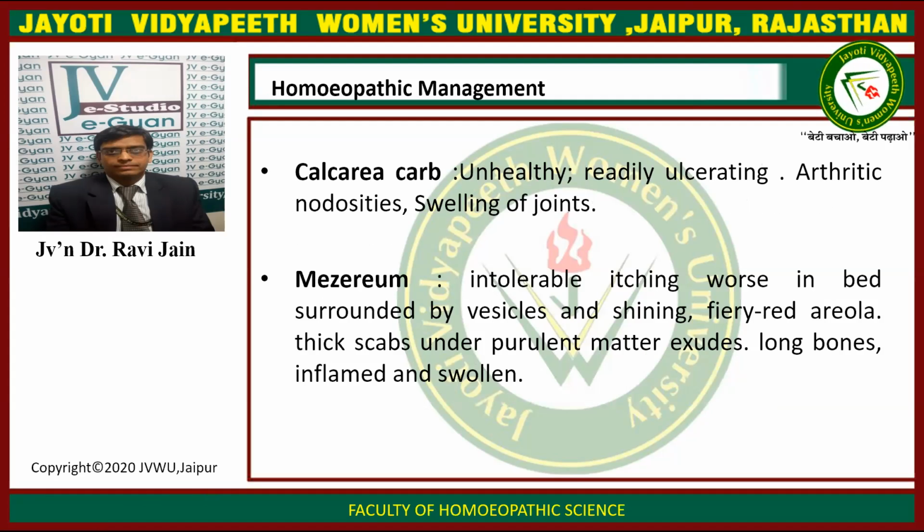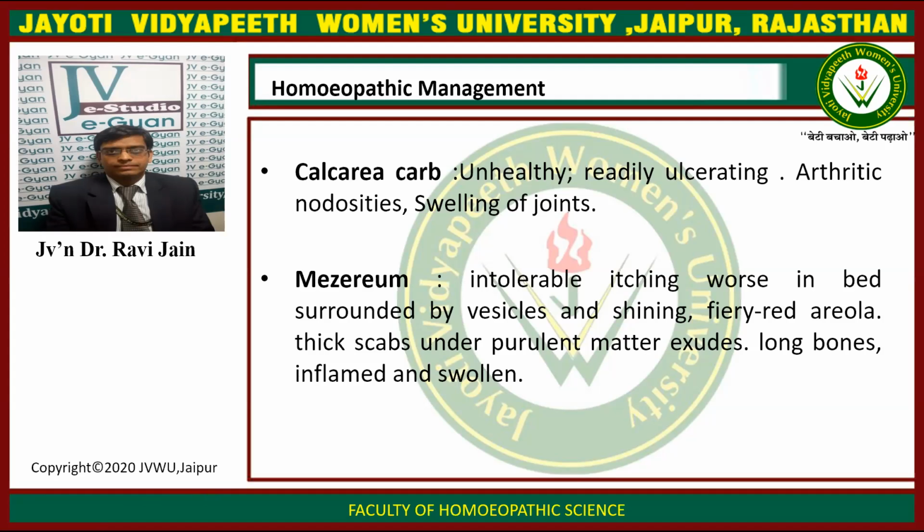Next, we have calcarea carb. Calcarea carb has unhealthy, readily ulcerating skin. There are arthritic nodosities and swelling in the joints. In mesothelium, we have intolerable itching that is worse in bed and is surrounded by vesicles and a shining fiercely red areola.